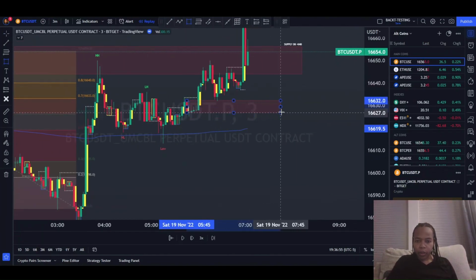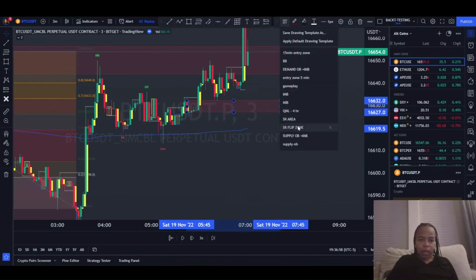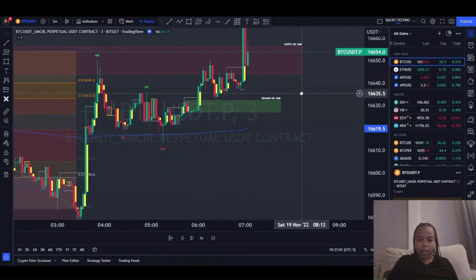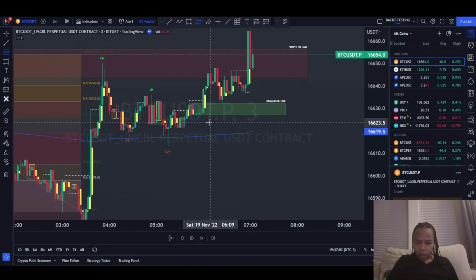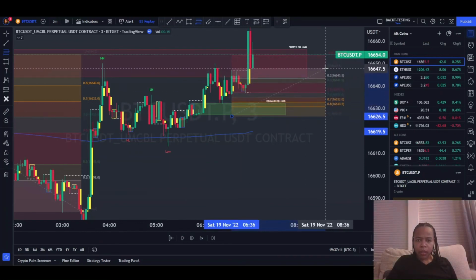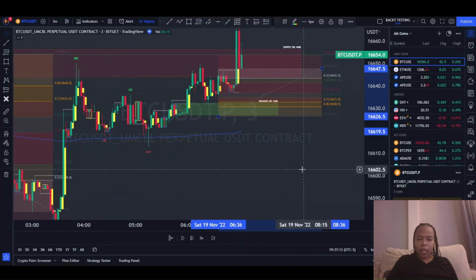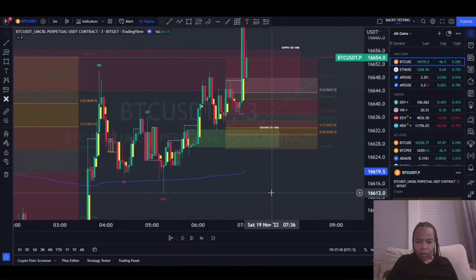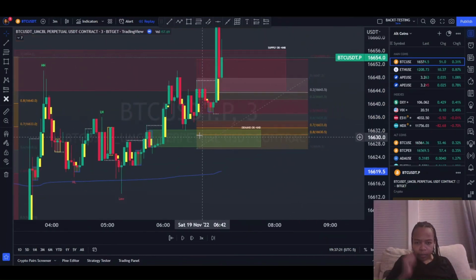Let's just draw that out. So we have this demand area right here. We had the imbalance. If I had drawn my OTE, sorry, my Fibby, from the base of this thing, I think, to the top of this thing. Perfect. Then the OTE would have been, zoom in here, I would have liked the center of this, approximately would be there, but then the center of the imbalance is always a good plan too.